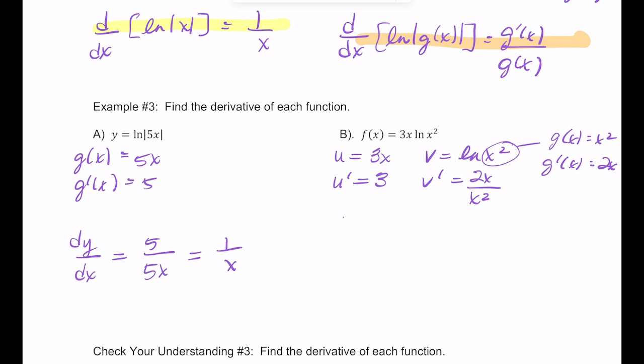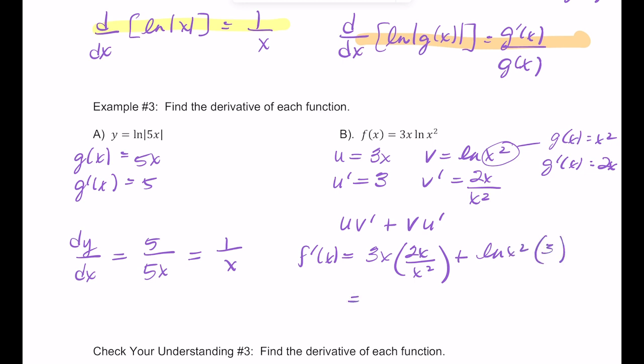Now remember, the product rule says u times v prime plus v times u prime. Okay, so to find the derivative of this function, 3x times natural log of x squared, it's going to be u times v prime plus v times u prime.